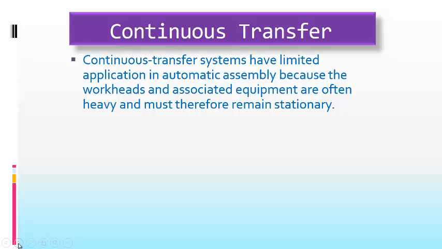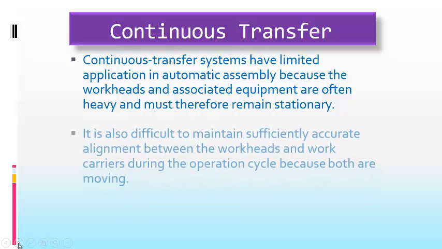It is easier to move the job rather than move the workhead. So it is a very rare or very limited application in automatic assembly this way. The other way is to have the workhead stationary and only the work will move between stations.